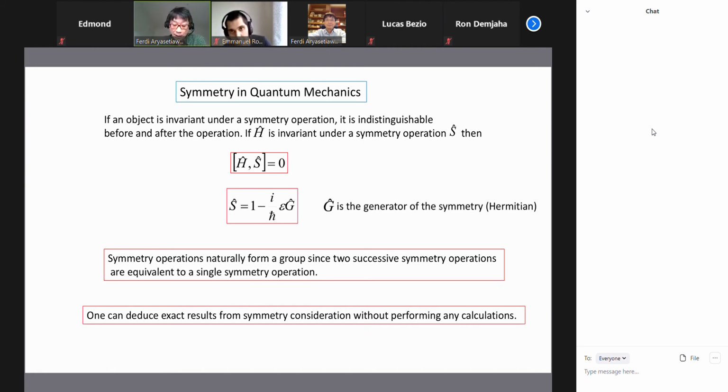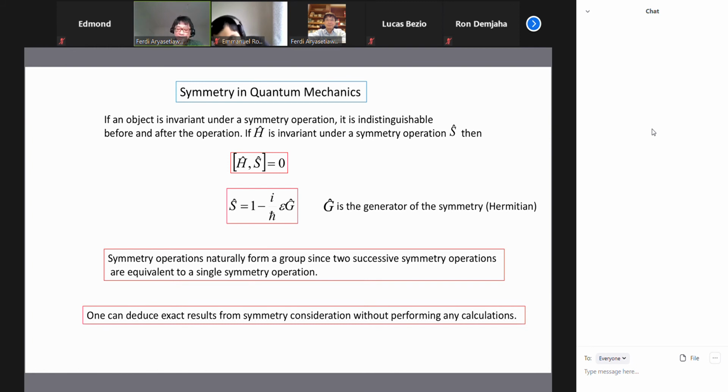In the case of the Hamiltonian, which is what we are interested in quantum mechanics, the Hamiltonian is invariant under the symmetry operation, let's call it S, if that operator commutes with the Hamiltonian. We'll discuss this in more detail later, so I just mention it here.